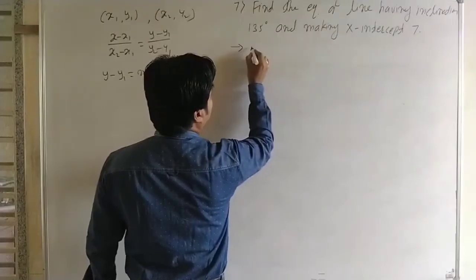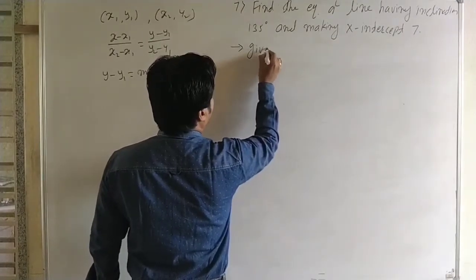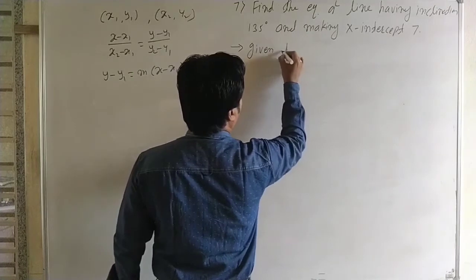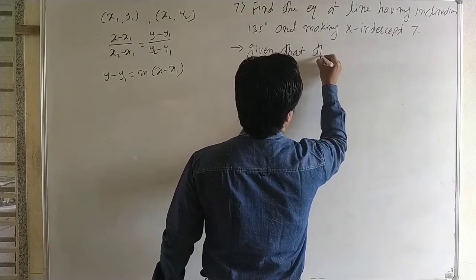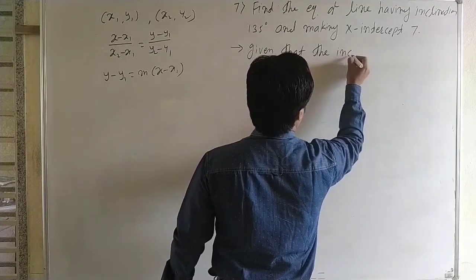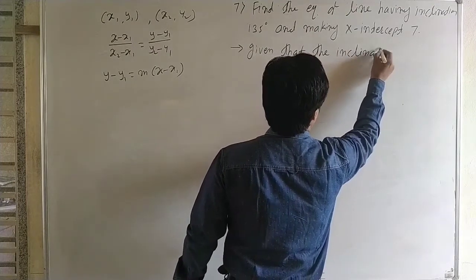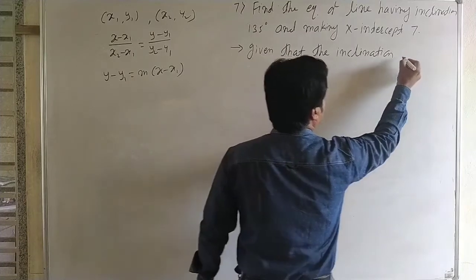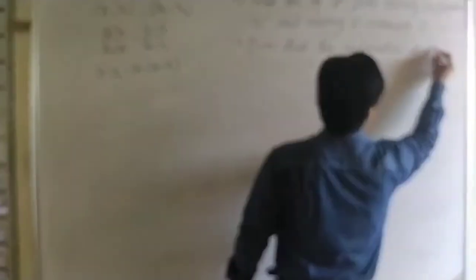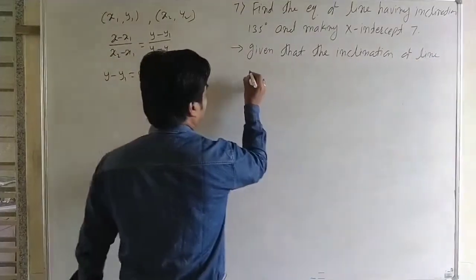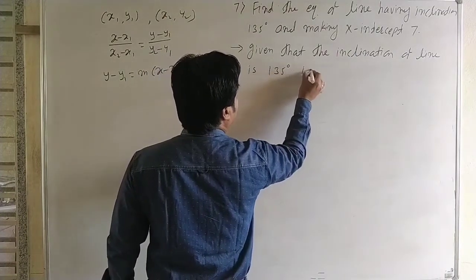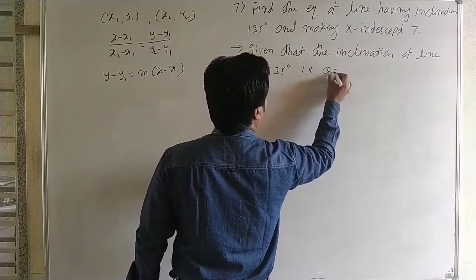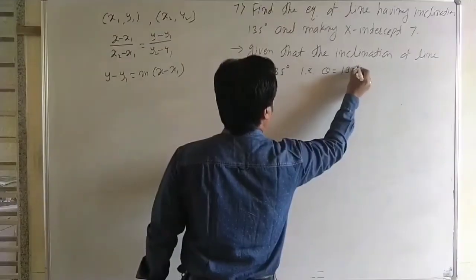Given that the inclination of line is 135 degree, that is theta is equal to 135 degree.